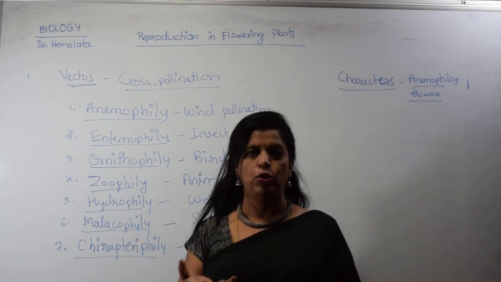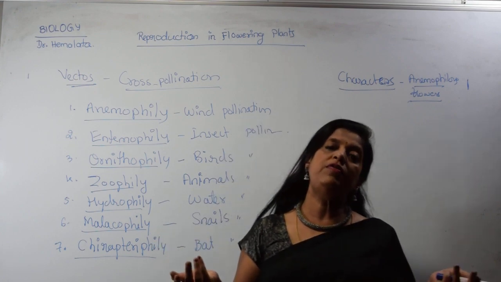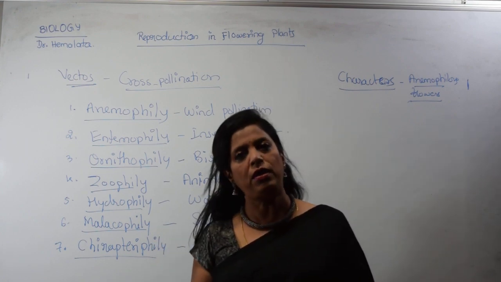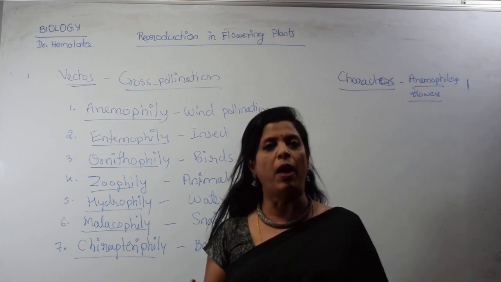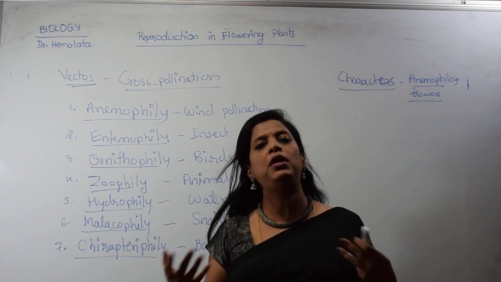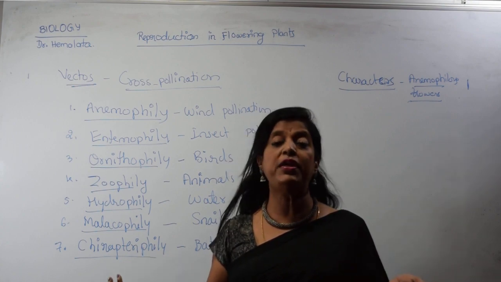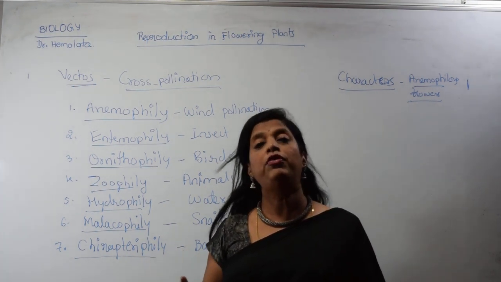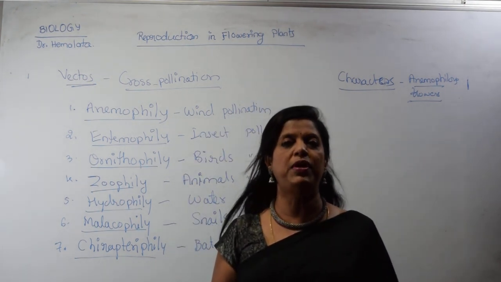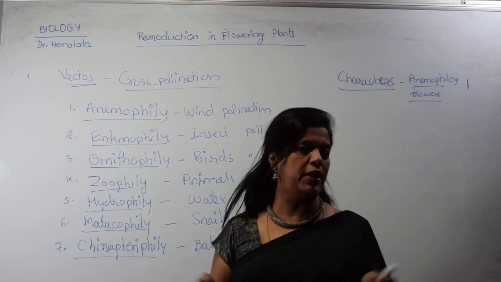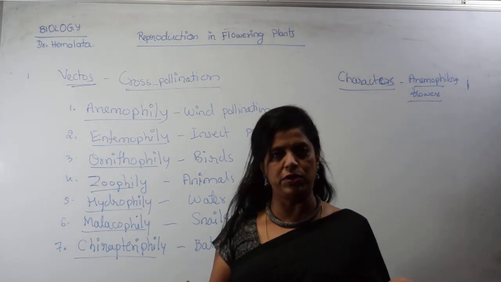Even if so many do not reach another flower, at least 1 or 2 will reach. That's the probability, right? If they produce millions and millions of pollen grains, 1 or 2 reaching is enough for them. So the pollen grains produced in wind pollinating flowers should be in large numbers, because most of them get wasted.